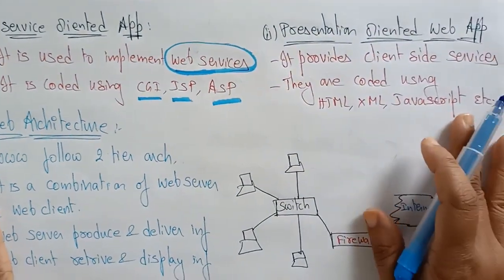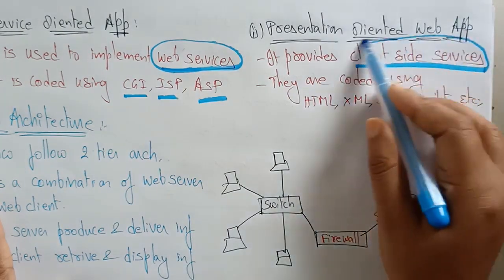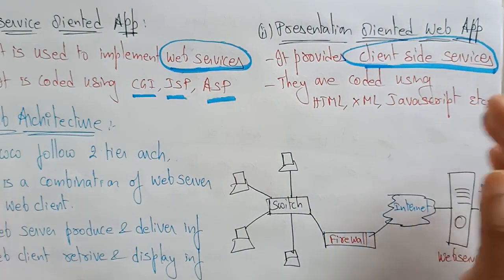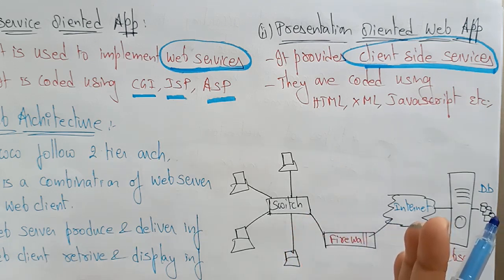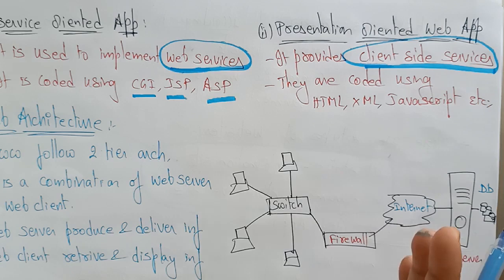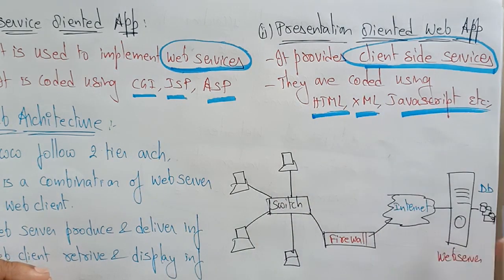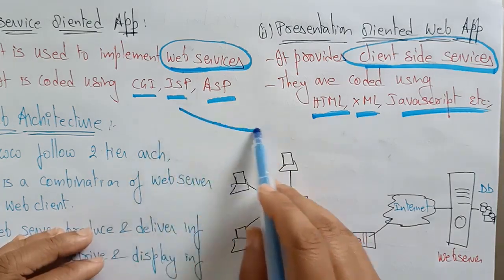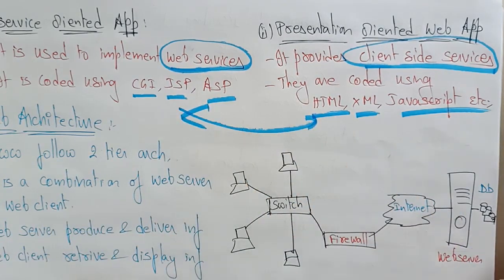Next is the presentation oriented web application. It provides client side services. Whatever you are able to see on the desktop is a presentation oriented web application, provided by the client side services. They are coded using HTML, XML, JavaScript. These should be interlinked with each other to make it a dynamic website.